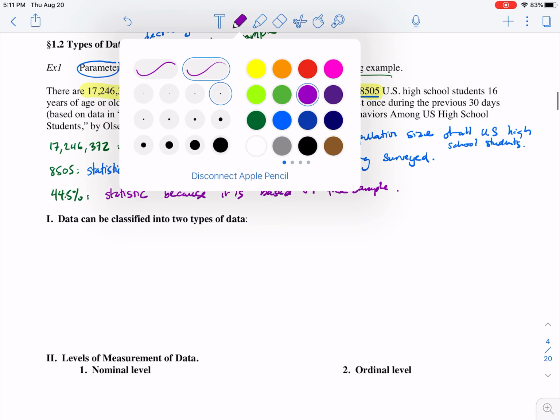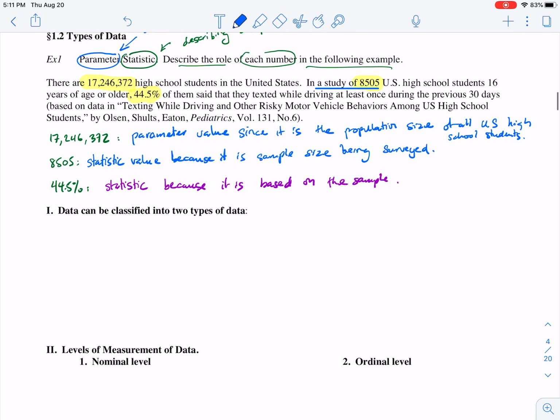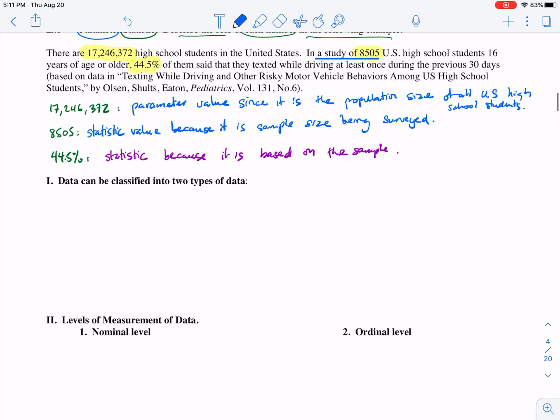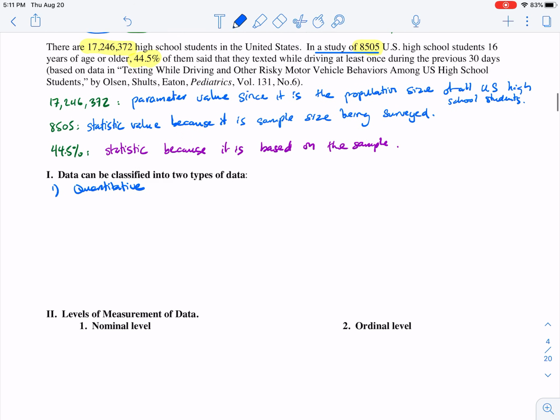Data can be classified into two different types of data. We have the first type as quantitative data, and then we have qualitative data.